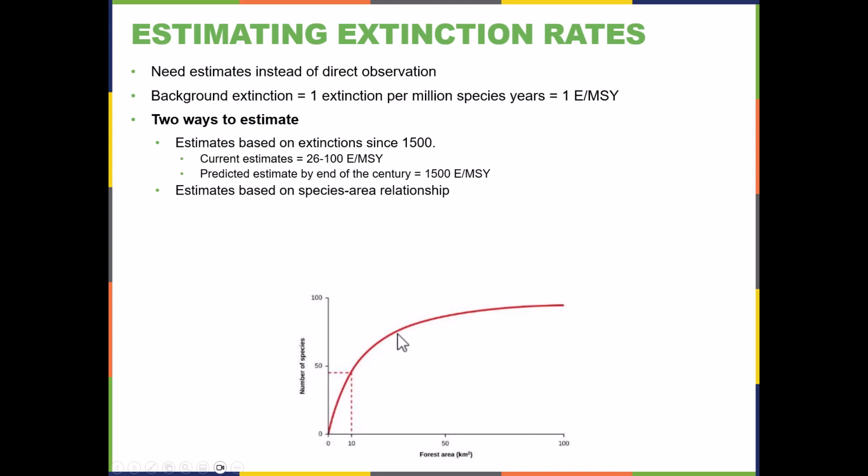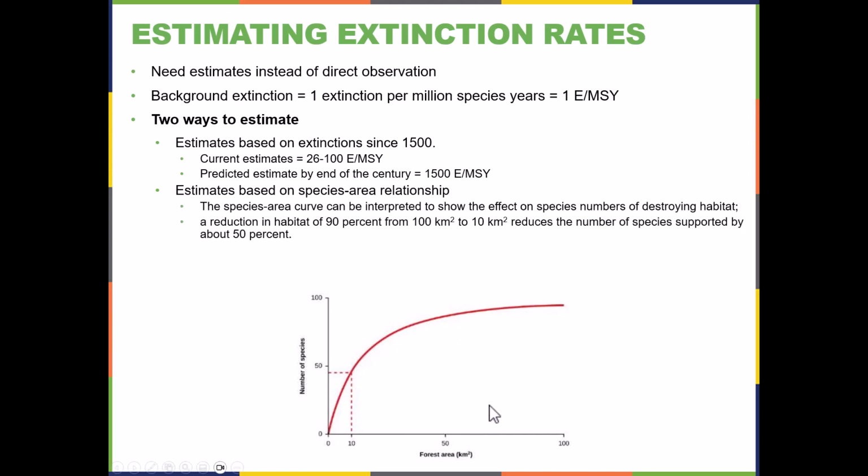Remember, habitat destruction is one of the major causes of loss of biodiversity. If we're going to reduce the size of a habitat, how much will we lose in terms of number of species? We can see from here, if we were to go from 100, we have almost 100 species, let's say up here, down to 10, now we're at about 50 species. So we've reduced the number of species by 50% by decreasing the size of that habitat.